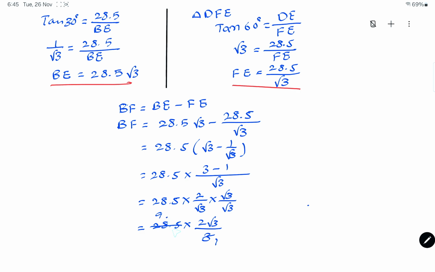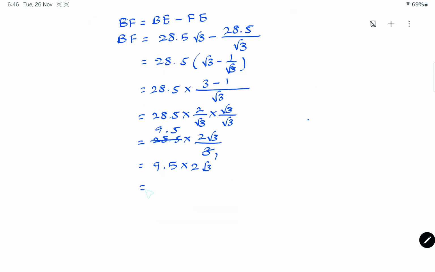Here point 1 5, 15. 3 fives are 15. So write the remaining values. 9.5 into 2 root 3. 2 into 9.5, 19 root 3.